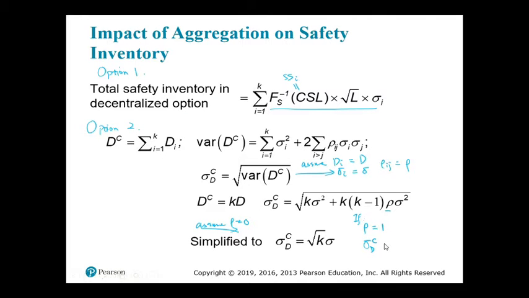Square root of K sigma squared plus K times K minus 1 sigma squared. And this is equal to K times sigma. So comparing these two, we can see that the higher the correlation, the higher the total demand variability.